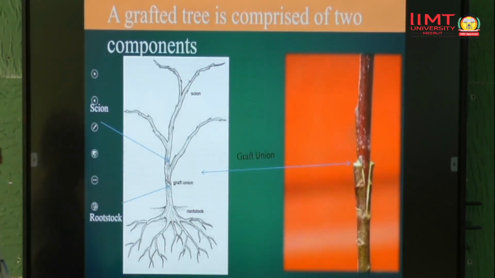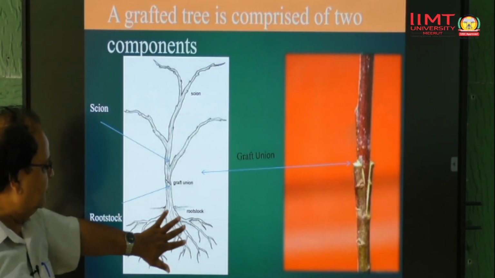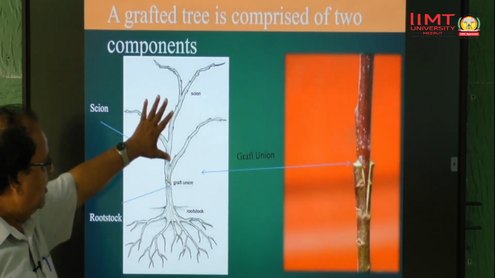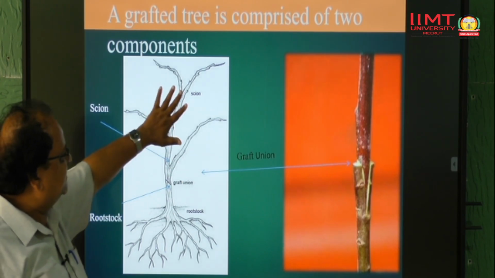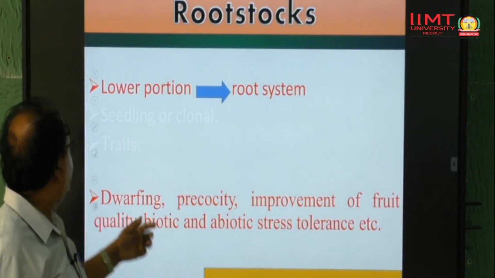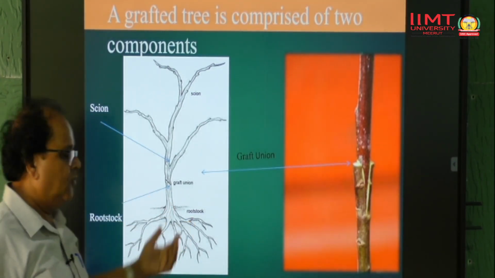This plant is developed through seed. This is called the whole or complete plant. After grafting, the upper part is called the scion and the lower part is called the rootstock.